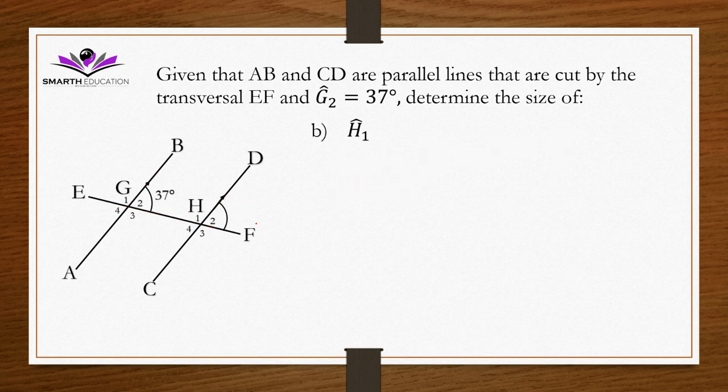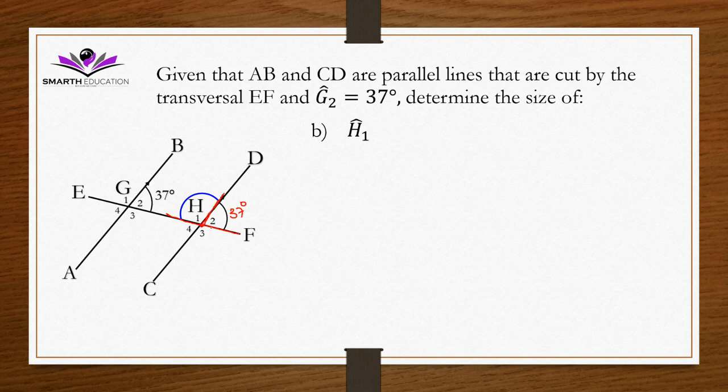We want angle H1. We say this one is 37 degrees. So what will be angle H1? Again, you can pause the video and try to be ahead of me. Okay, so H1 and H2 are actually adjacent angles on a straight line. See that? They're sharing a common vertex, common side.